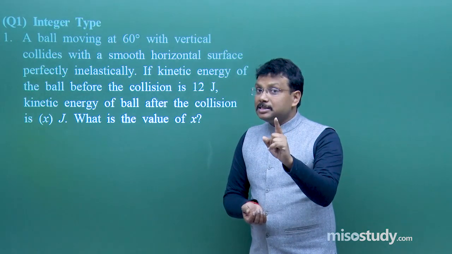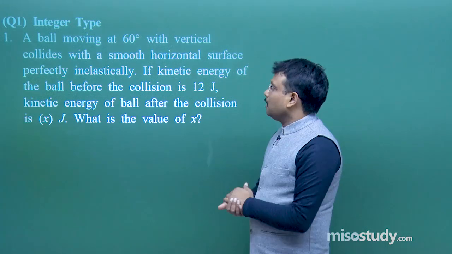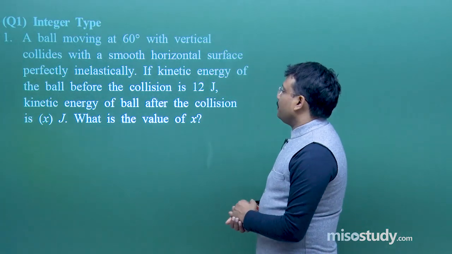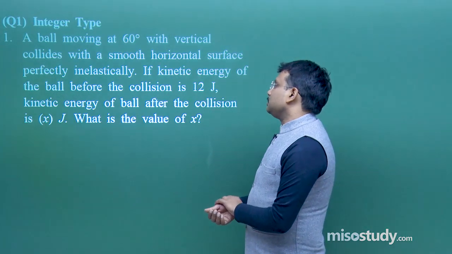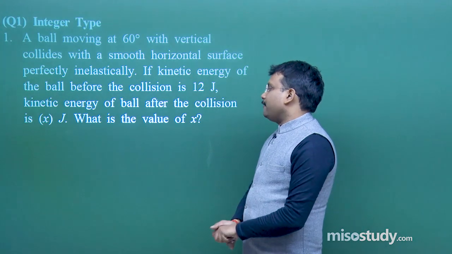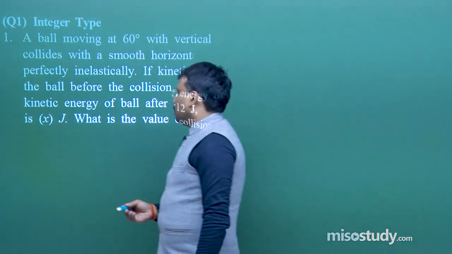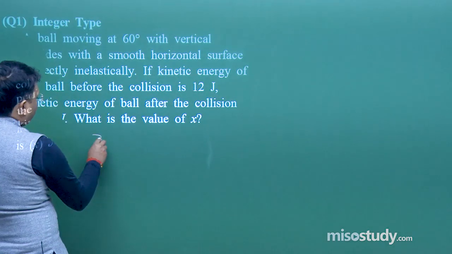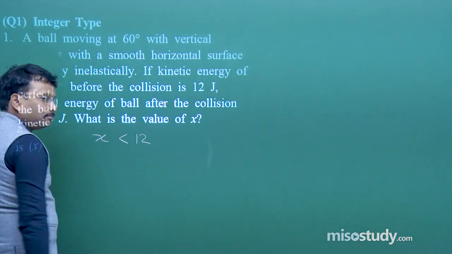Momentum will remain conserved, but kinetic energy loss will take place. If the kinetic energy of the ball before the collision is 12 joule, and the kinetic energy of the ball after the collision is x joule, find the value of x. Obviously loss will take place, so x is definitely less than 12, fine.